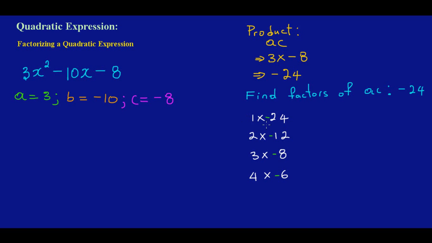It doesn't matter which set of factors I multiply here, all will give me negative 24, but not all, when added, will give me negative 10.